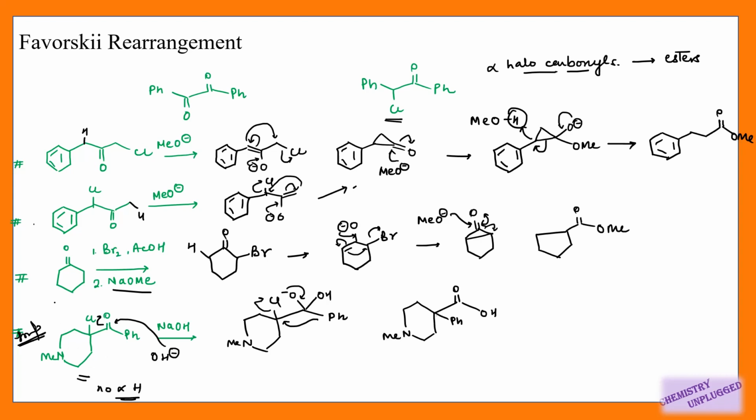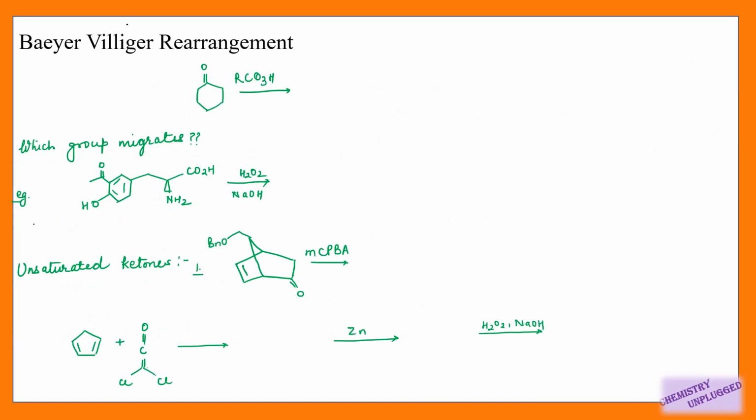Then we will take Baeyer-Villiger rearrangement. So in case of Baeyer-Villiger rearrangement, we are synthesizing esters from ketones, right? So we are using per acid here. So this per acid will provide me a nucleophilic oxygen. This oxygen is rich in electrons, so it will attack on this carbon and this bond will shift here, right?